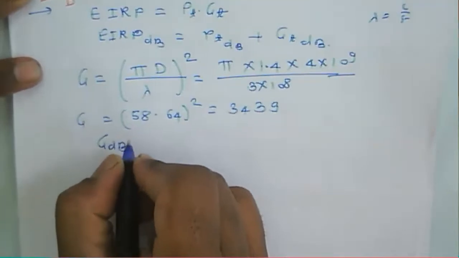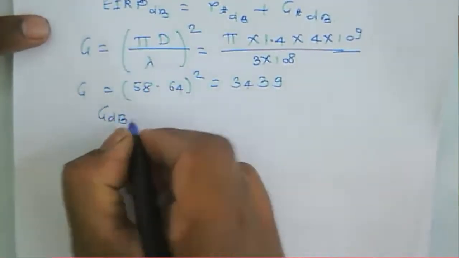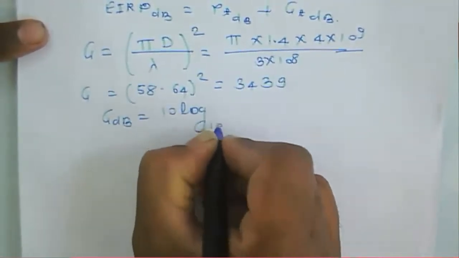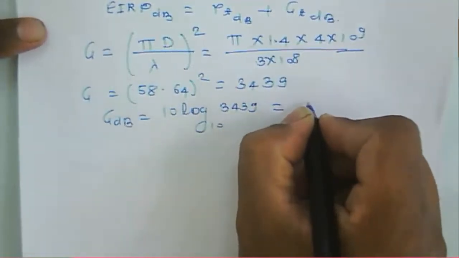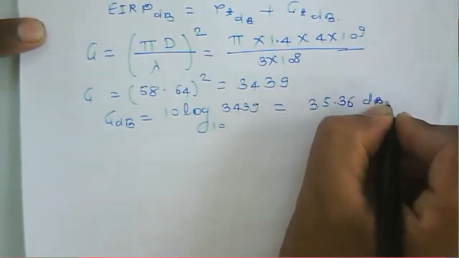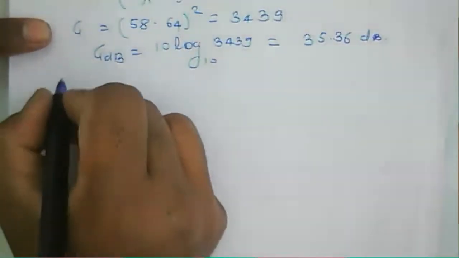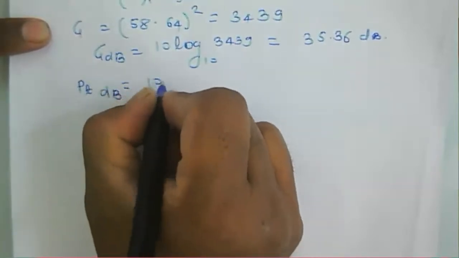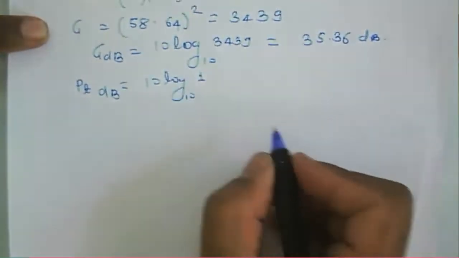Generally, EIRP we can write in terms of dB. So the gain in dB is 10 log to the base 10 of 3439, that will be 35.36 dB. That will be the gain of the antenna. Similarly, we can calculate PT in dB. That is 10 log of 10, and PT is given as 1.